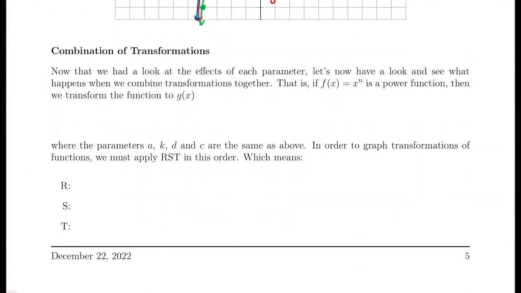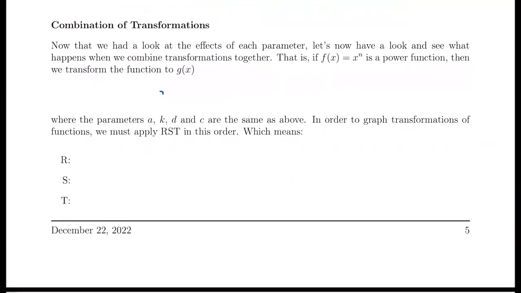If we have f of x as a power function and we transform it to g of x using all 4 parameters, then g of x is going to have a factor of a, and then the power of k inside, with x minus d being the horizontal translation, all to the power of n, and then plus c.